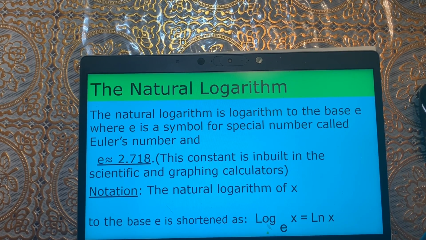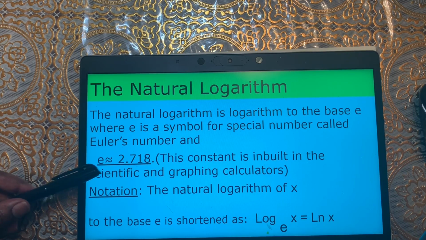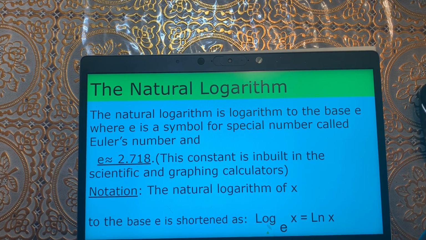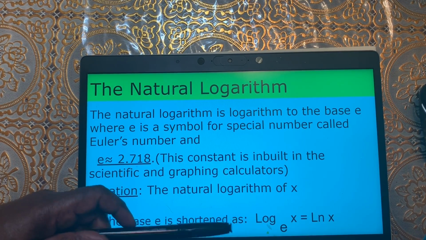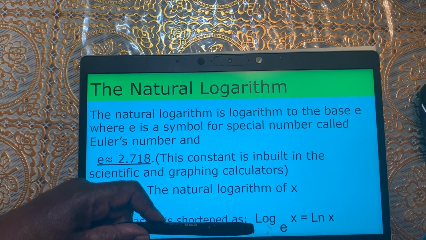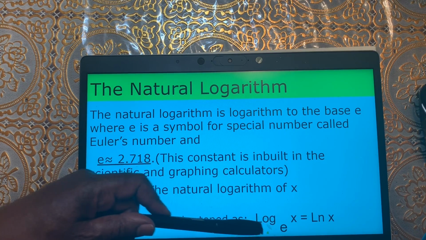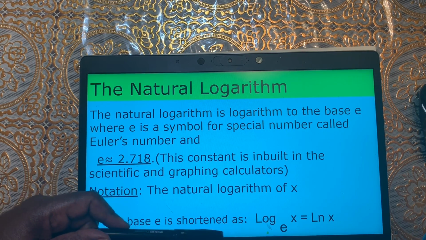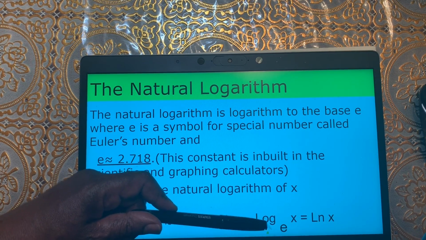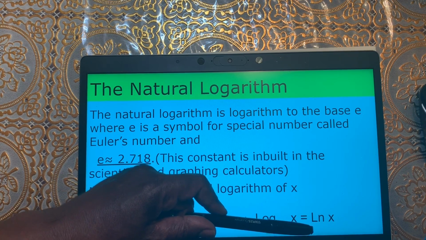It has been experimentally determined that this number has a close relationship to something that grows or decays continuously. So log to the base e of x, we call ln x, natural logarithm. To mean natural logarithm, we don't write the e and the log, we just say ln x.